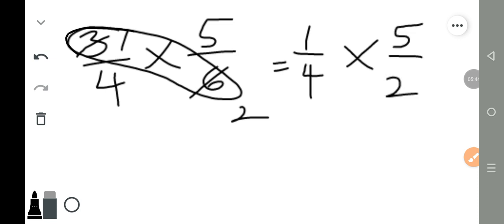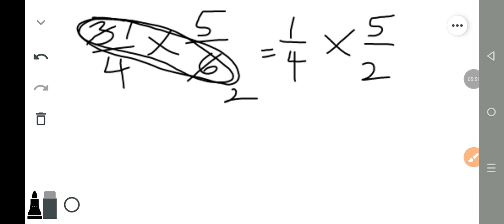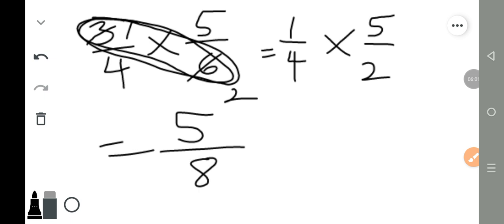You can see it's only the one in the circle that we touched on. And then you multiply both the numerator and the denominator. So 5 times 1 is 5 all over 4 times 2, that's 8, and that's your final answer, 5 all over 8. So this is called the cross multiplication method.